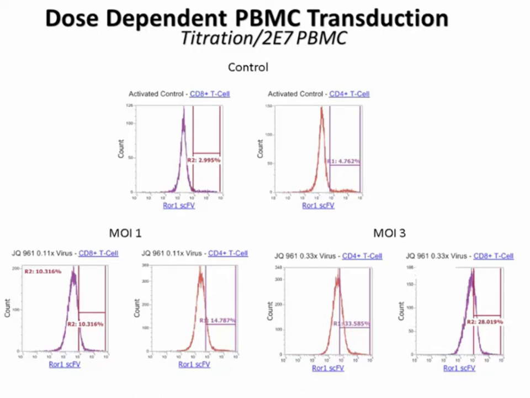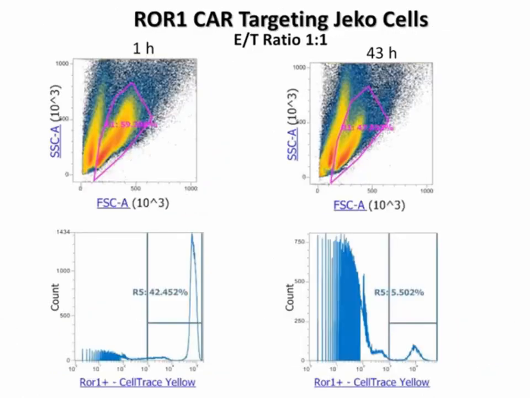Now, transduction-based leukemias have not been detected in any of the CAR T trials to date. And again, these are using gamma retroviruses and lentiviral vectors. So this is good news, but this is something that you don't really want to push. So now we have a nice expression of our ROR1 CAR on the T cells. Let's go test it.